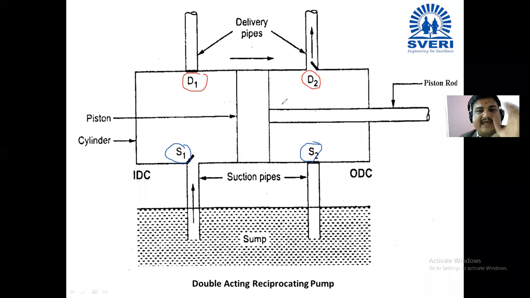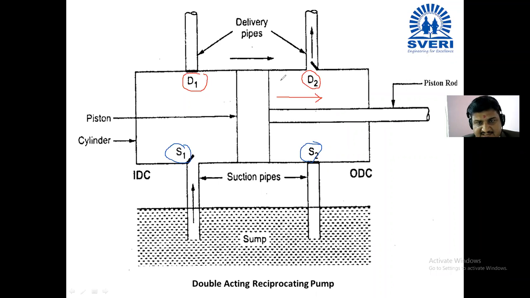What is going to happen? Let us see that in the first half stroke. This piston will move in the left to right direction in the first half of the revolution.